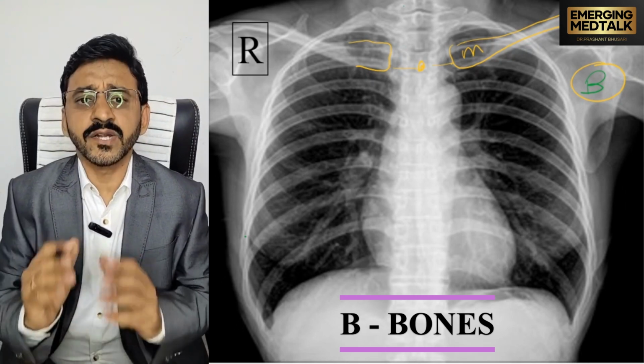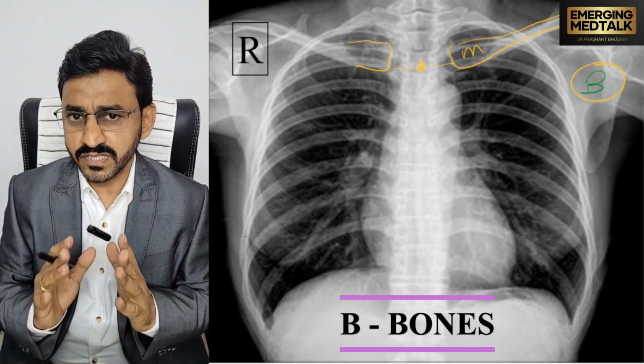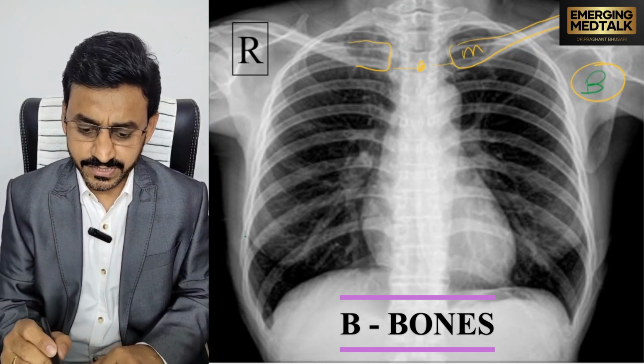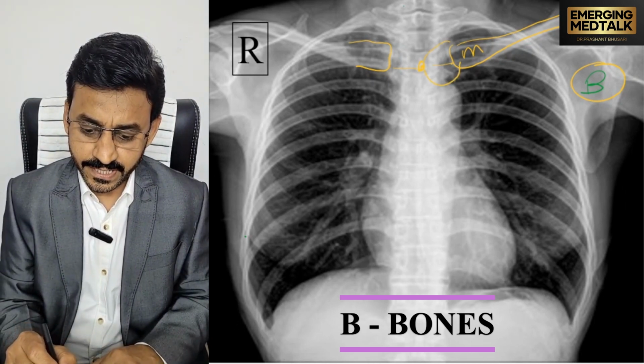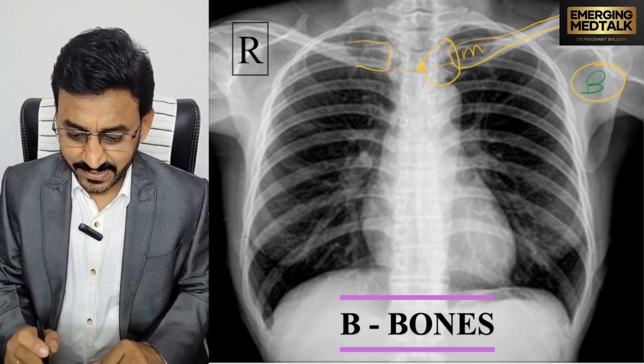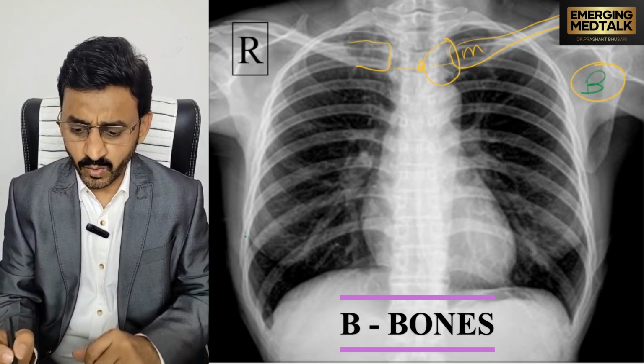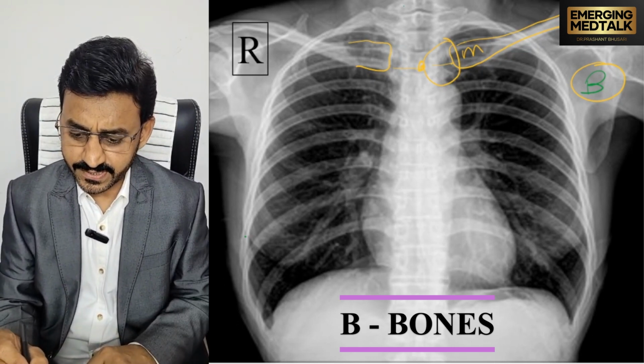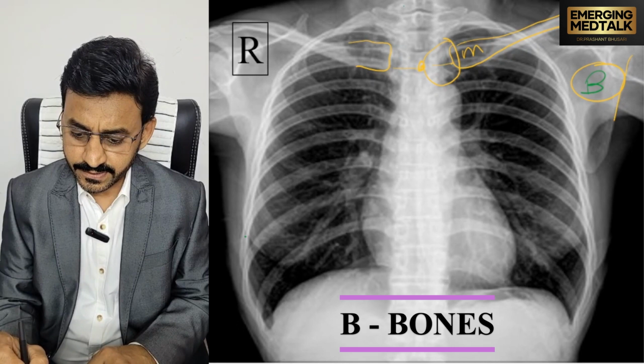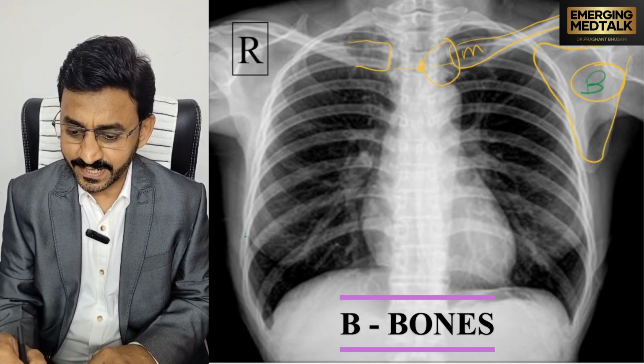Its medial end articulates with the sternum to form the sternoclavicular joint, which is of the saddle variety. This is the collarbone.